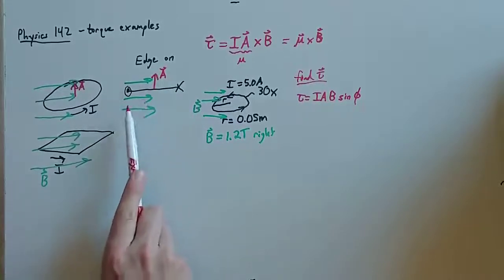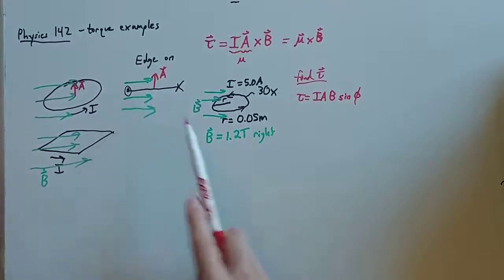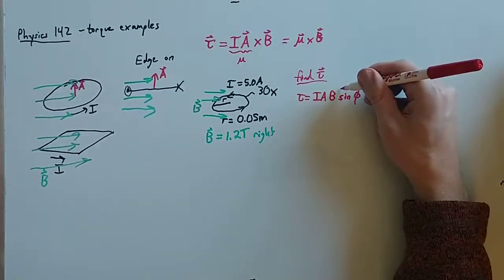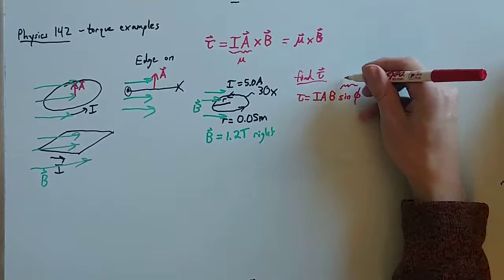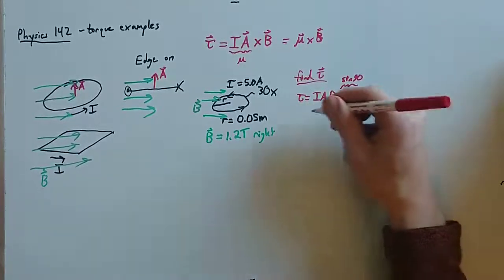A is up, B is to the right, and so the angle between those is 90 degrees. So the sine of 90 will end up just being 1, all right?